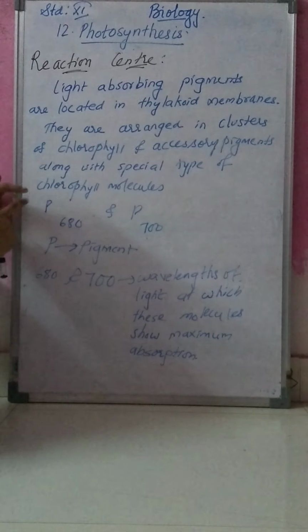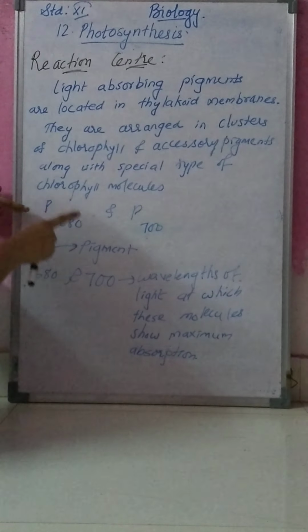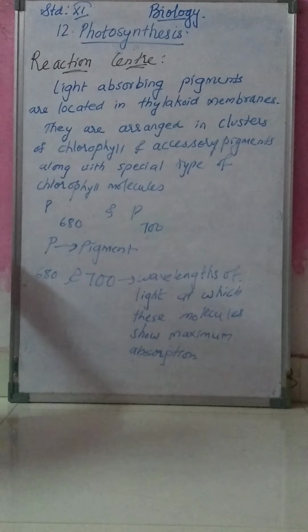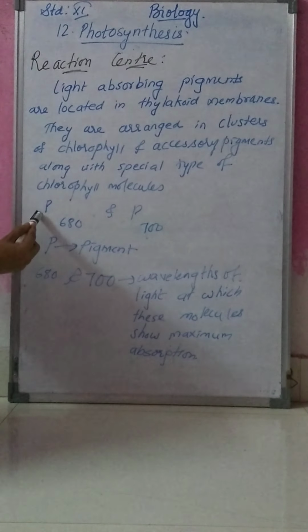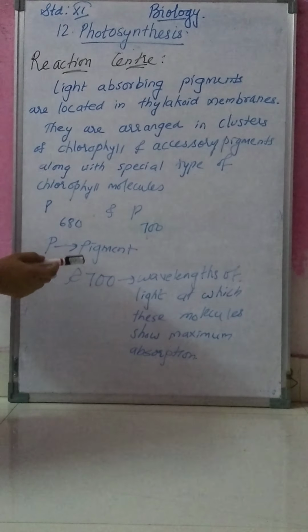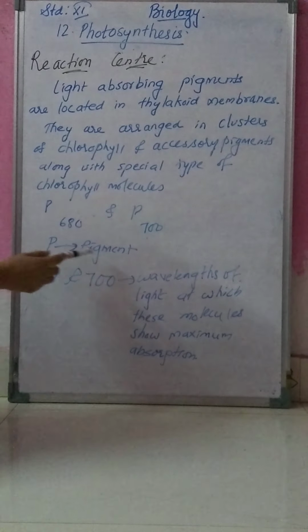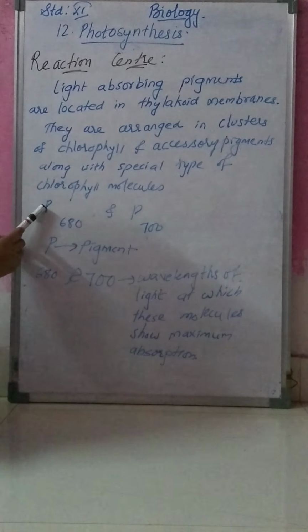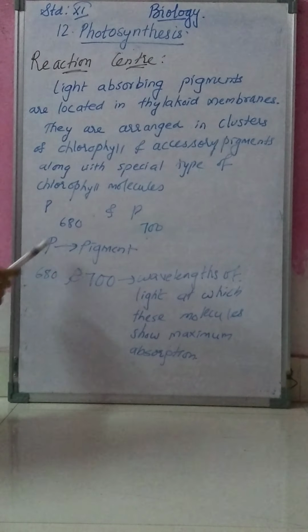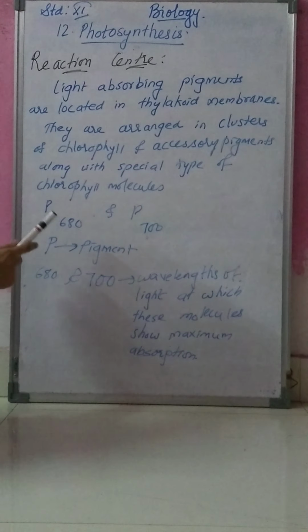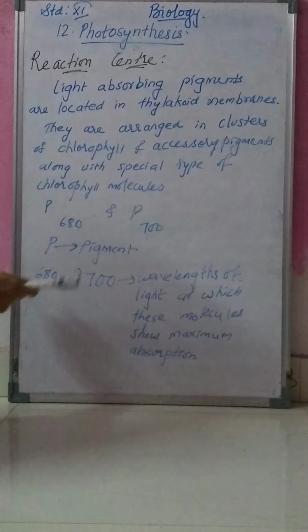What are they? That is P680 and P700. Now what is P and what is 680 and 700? P stands for pigment, that is pigment 680, pigment 700.